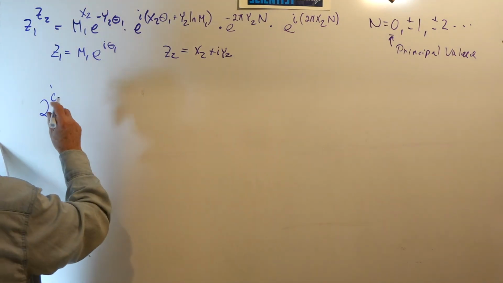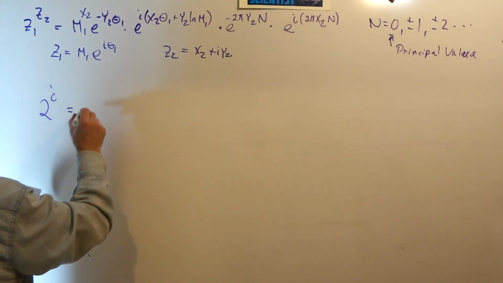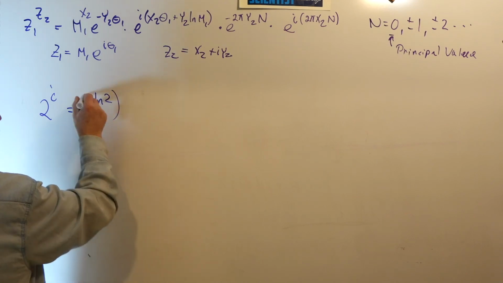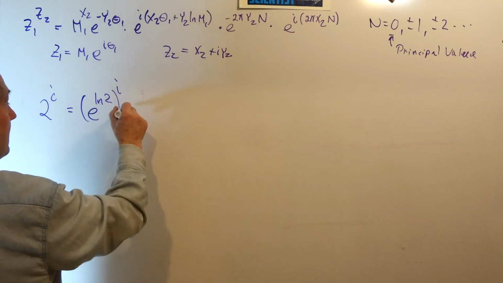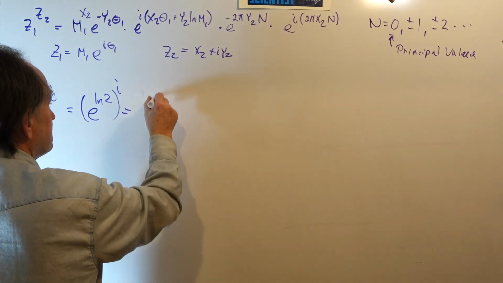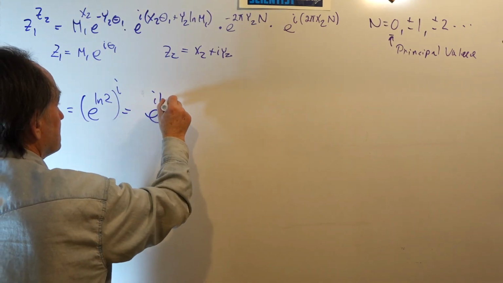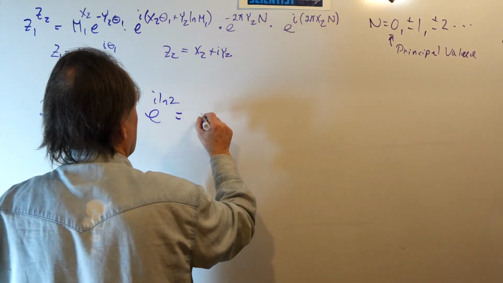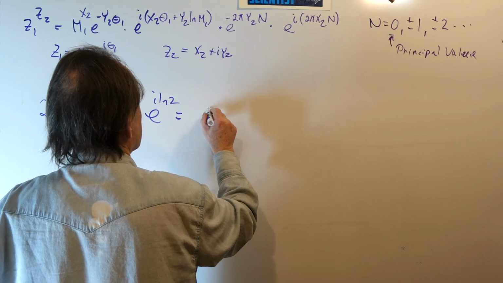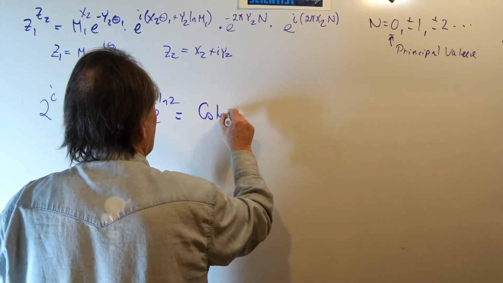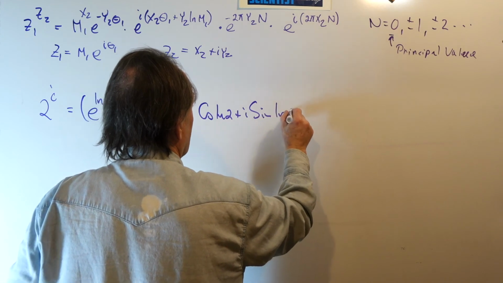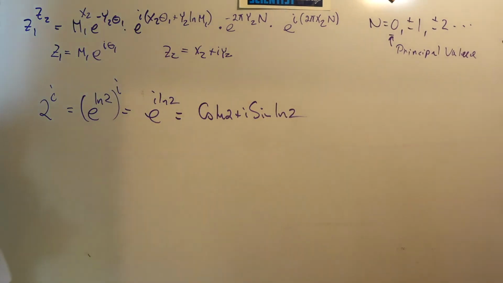Well, we know that we can express 2 as e to the natural log of 2, and that's raised to the i power. Using properties of exponents, this becomes e to the i natural log of 2, and we can write it out in trigonometric form. This becomes the cosine of the natural log of 2 plus i times the sine of the natural log of 2. So that's the value of 2 raised to the i power.